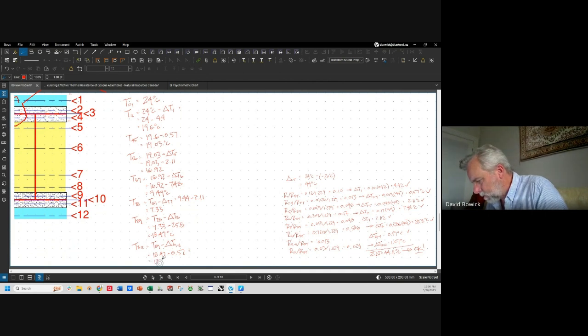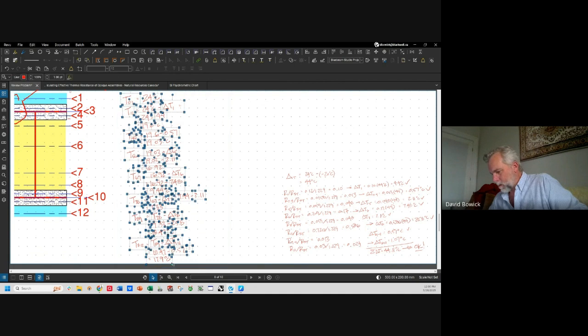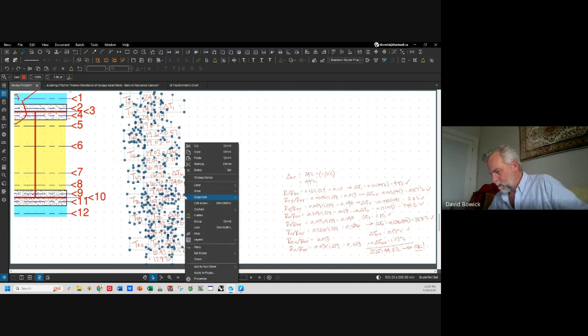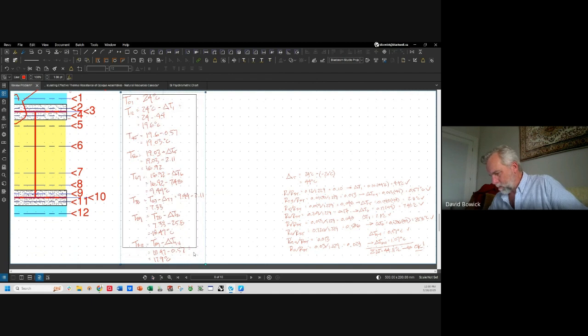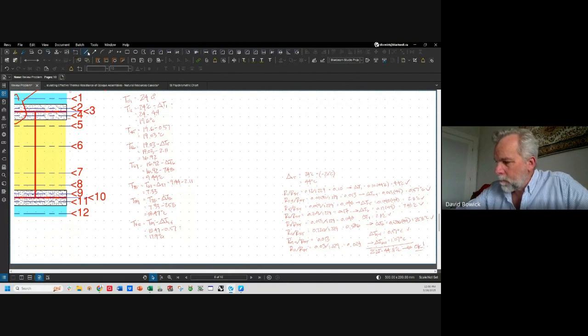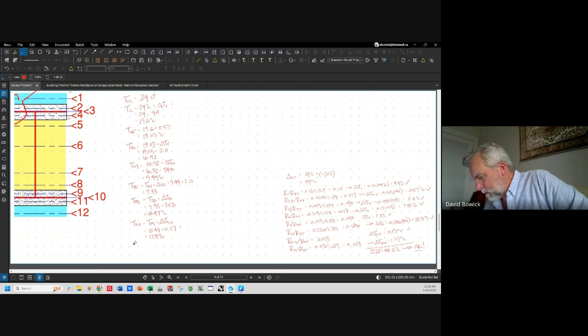And finally, the 12 infinity. This is the infinity layer outside.